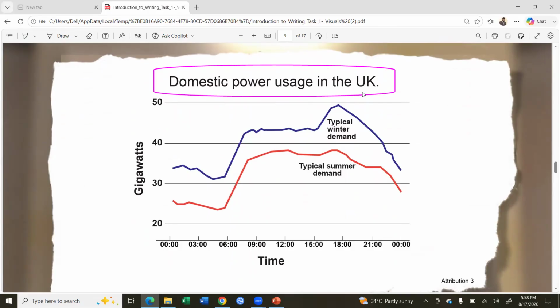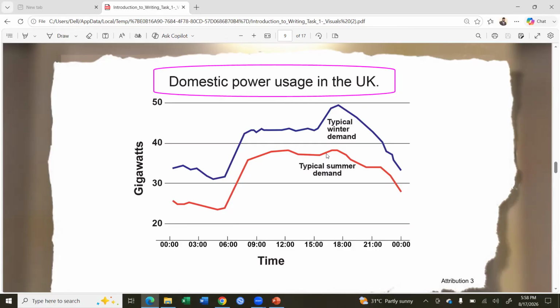Domestic power usage in the UK, right? So here you have a line graph which talks about how domestic power is used in United Kingdom. It's data taken from the UK, right? Here we have the time, and here we have gigawatts, right? 20 gigawatts, 30 gigawatts, 40 and 50.